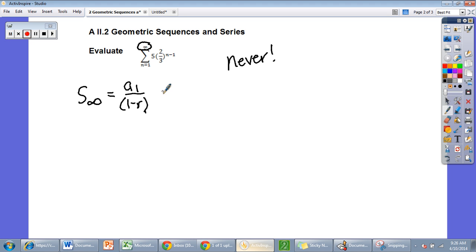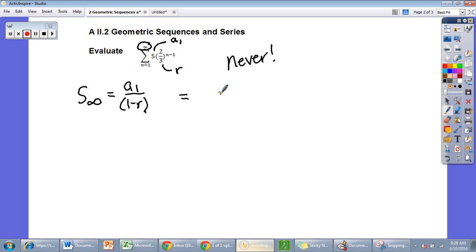So a sub 1 is your first term, and r is your constant ratio. So when you're looking at this, make sure that you know that 5, as it's set up in your formula, that's your first term, that's a sub 1, and 2/3, that's your r, that's your constant ratio.